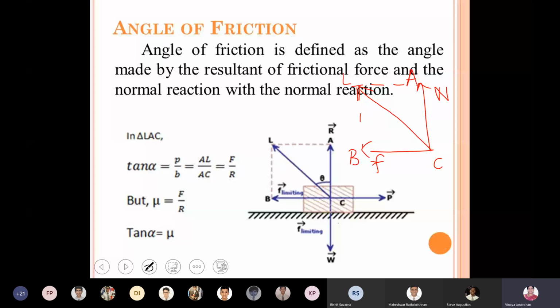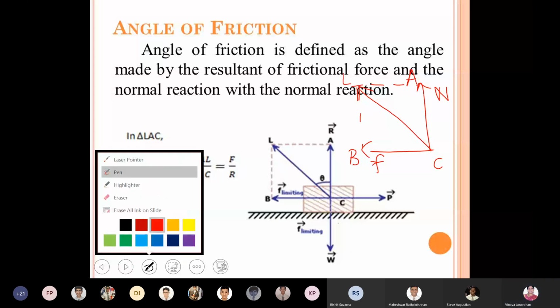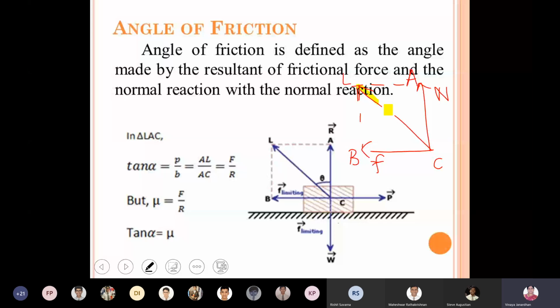See this, they have marked it as F. So this is the resultant of the normal reaction and the frictional force. Now the question is, what is your angle of friction? The angle of friction is equal to the angle between the resultant and the normal reaction.